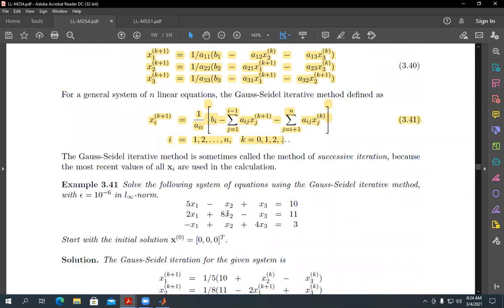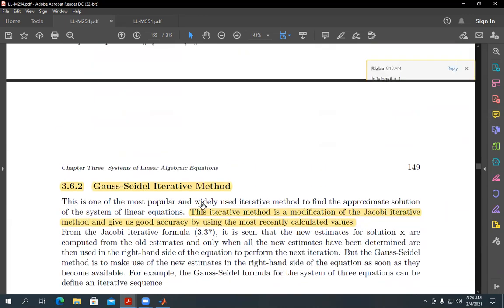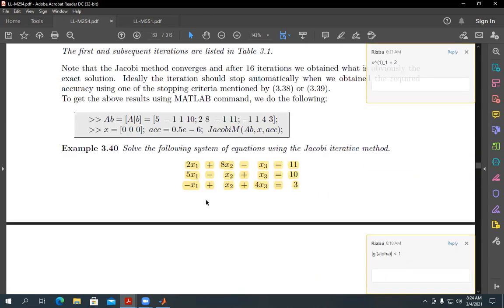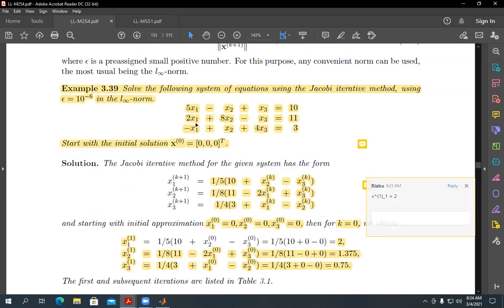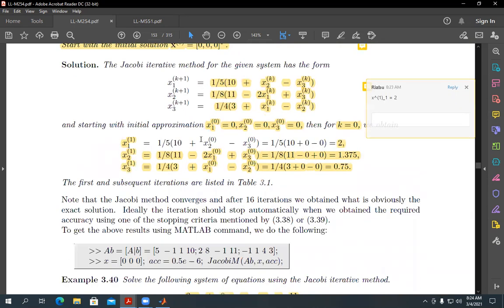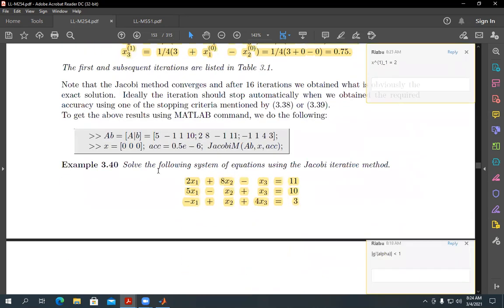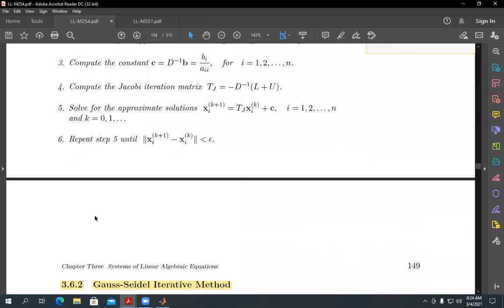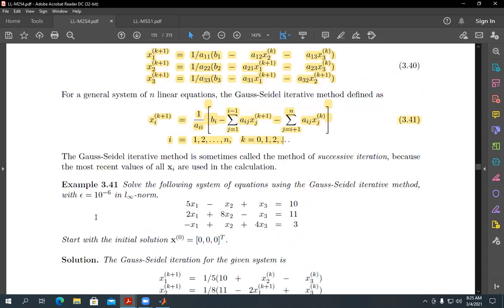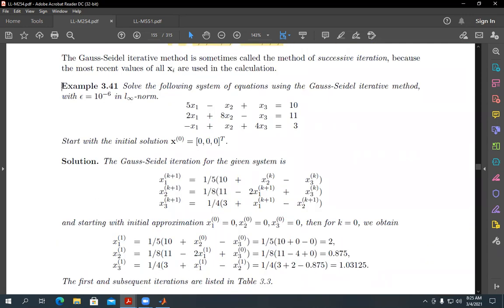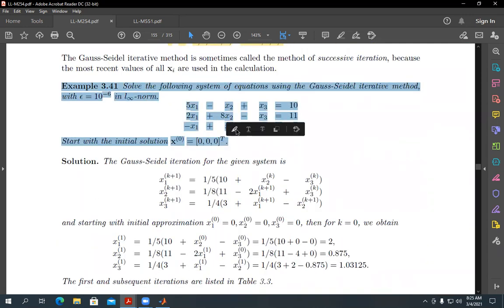Let's redo this example, exactly the same example which we used before. So in 339 the method converges slowly, and 340 diverges. Diverge, we leave it. Now we use the same 339 as a new example, and I call it 341, with exactly the same conditions and the same accuracy.